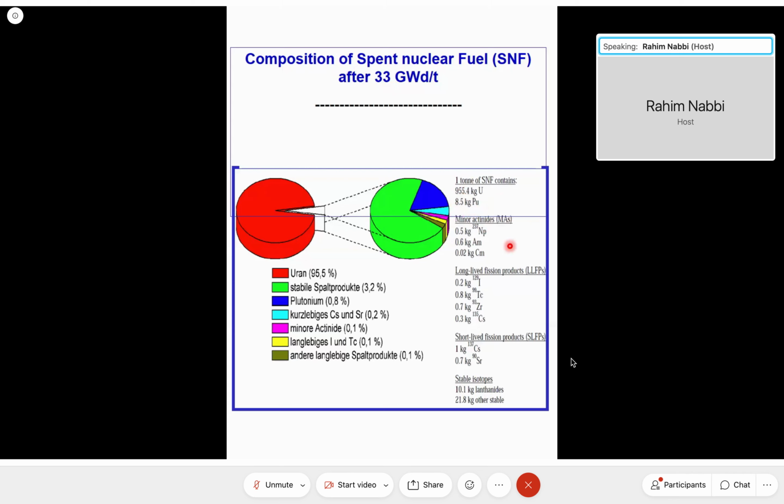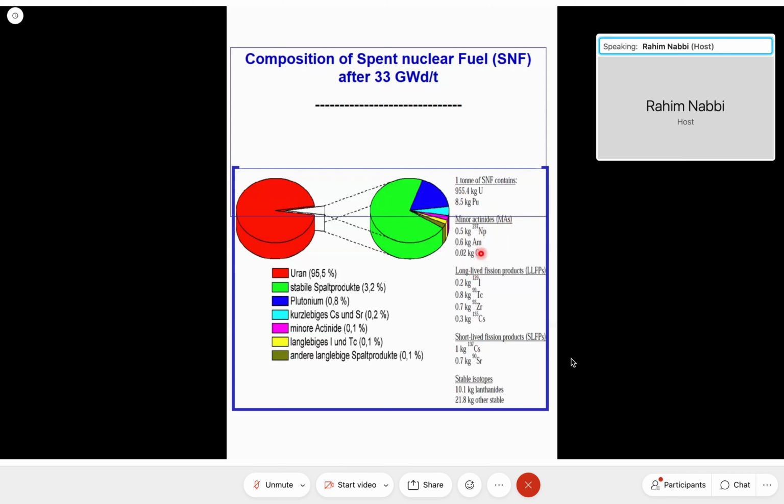In the whole range of the waste or radioactive material which is produced, one group is called minor actinides. And minor actinides normally have very long half-lives. Here, for example, neptunium-237, 0.5 kilogram of 1,000 kilogram. And then here, curium, for example, 0.02 kilogram.